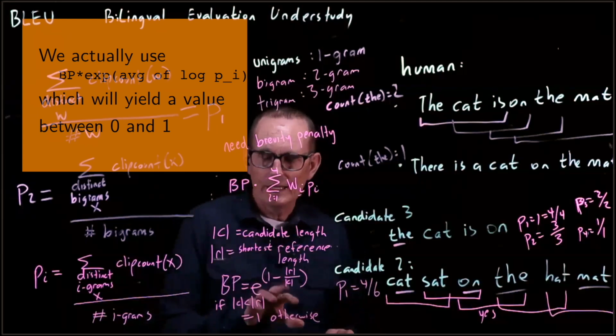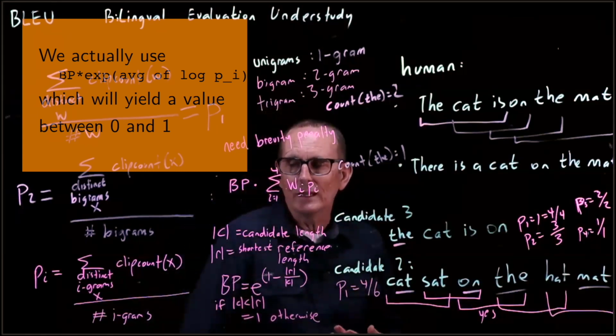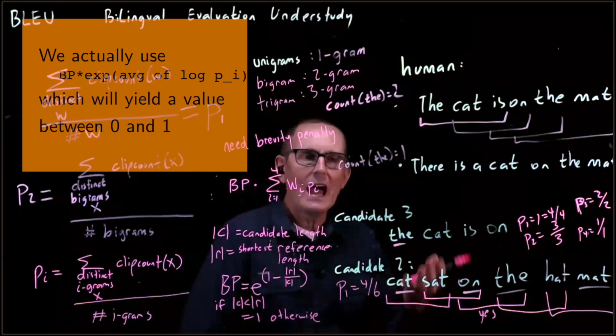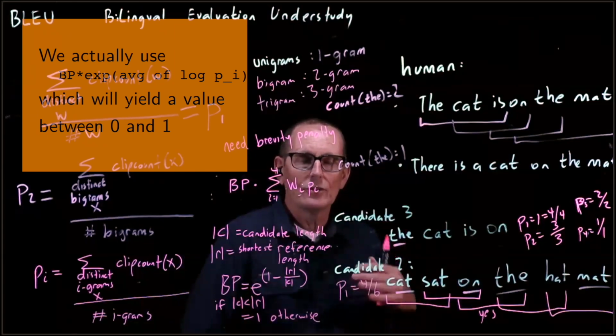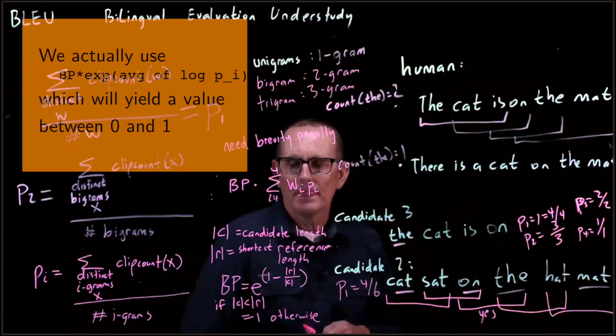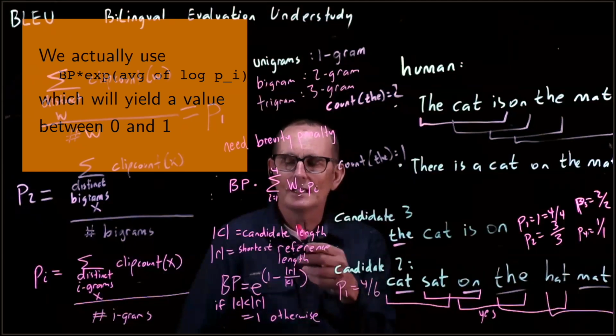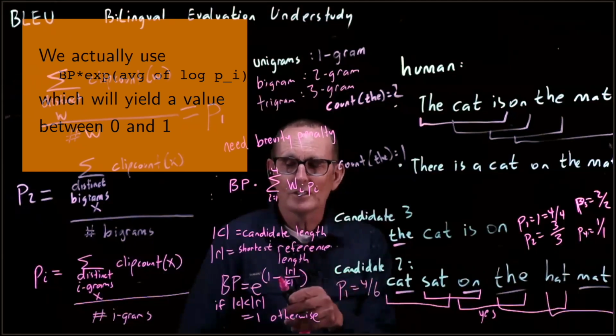Let's say that R is twice as big as C, so our candidate is half as long as the shortest reference. Let's say R is 50 and C is 25, so this will be 1 minus 2.